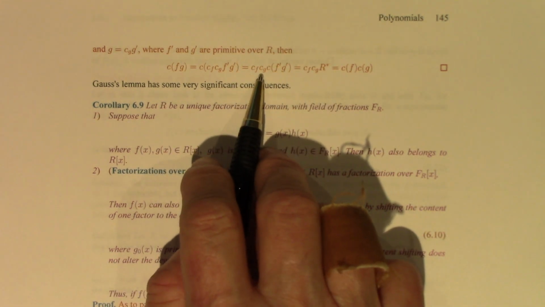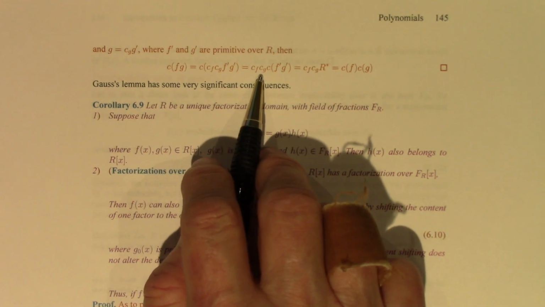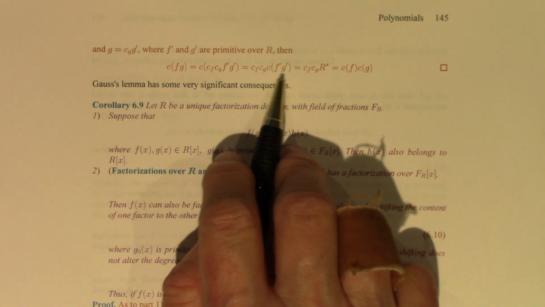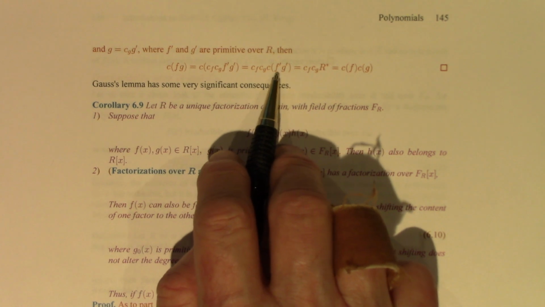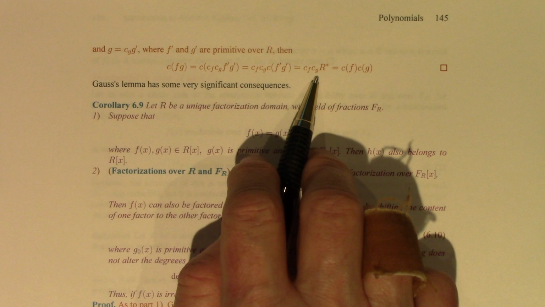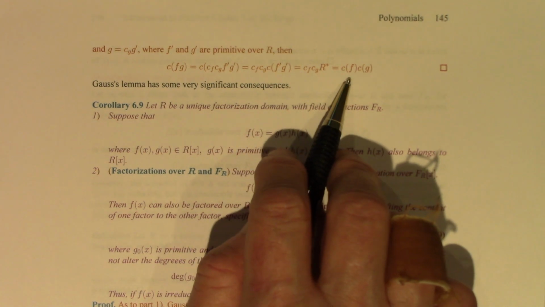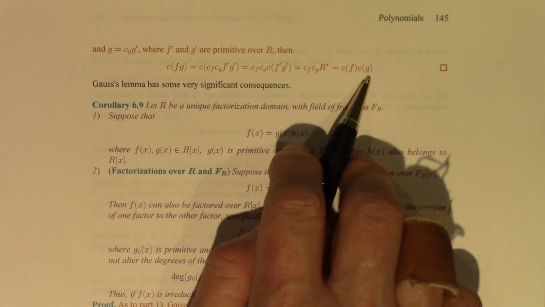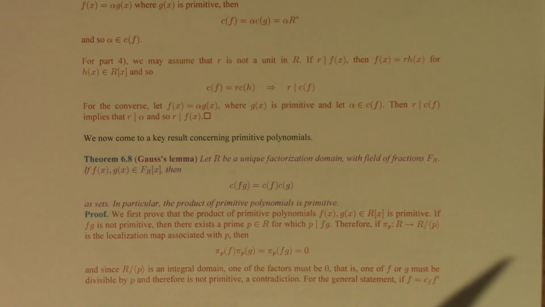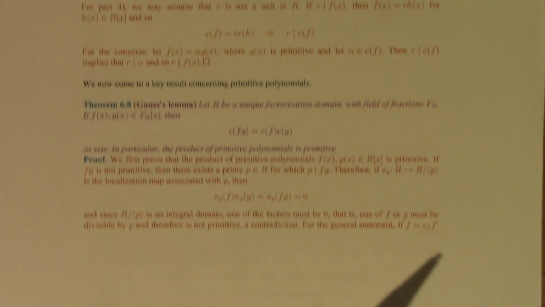I guess I shouldn't use the word constant. The elements of R come out in front, but we now know the product of these two primitive polynomials is primitive, so we get the product of the contents. This is a very important result. This proof is quite elegant, slick, you might say.